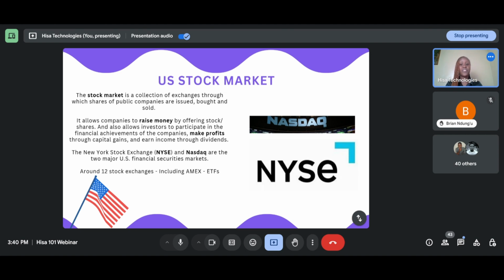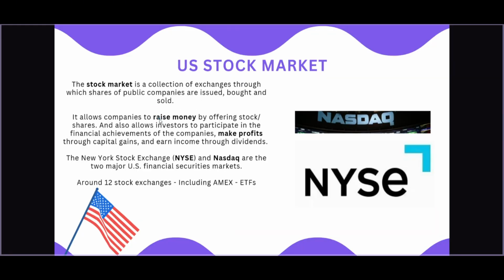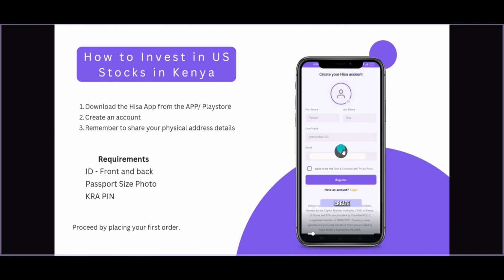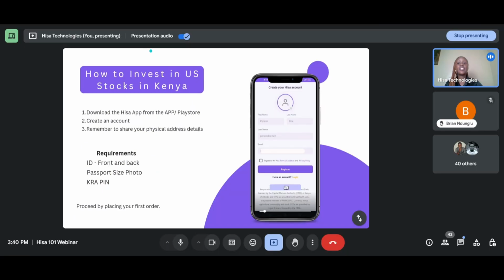Now, in total, there are around 12 stock exchanges in the US stock market, including the Amex, which primarily deals with ETFs. Okay, that's it about the US stock market. It is a collection of different exchanges, the two biggest being the New York Stock Exchange and the Nasdaq.